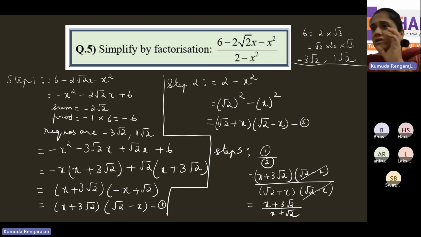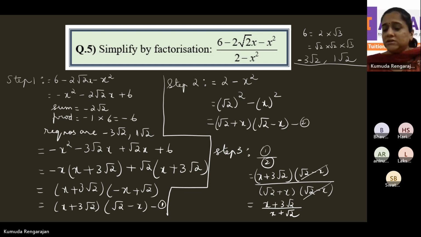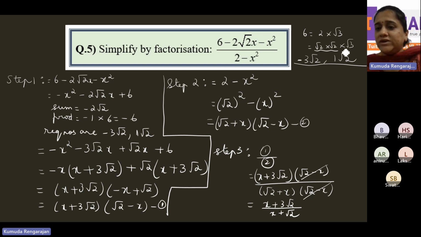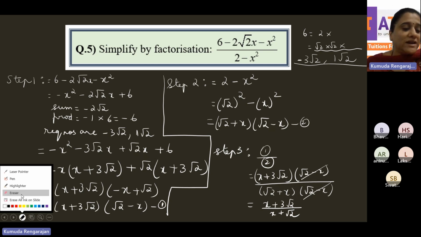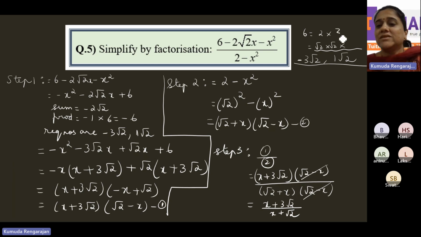No. From there we take only the numbers. Then we fix the signs accordingly to get the sum and the product. The signs will not be there in the numbers here. The signs you can fix according to the sum and product you have to get. Oh, I wrote root 3 by mistake.